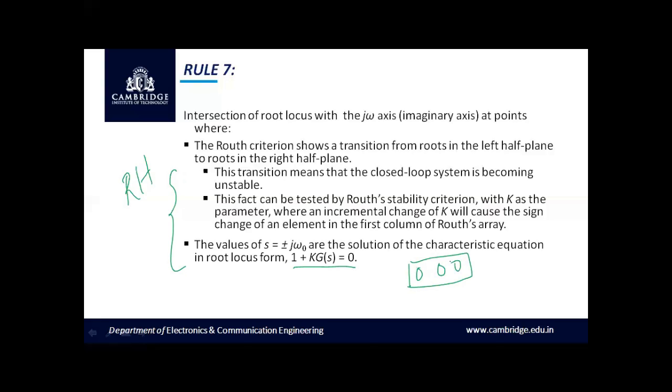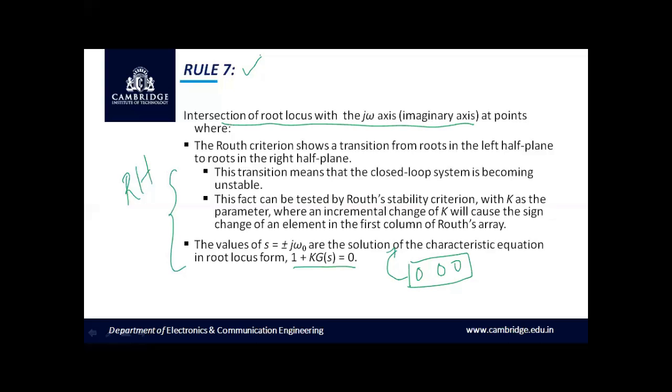If the complete row becomes 0, we know that it is case 2, a special case in the RH criterion. We take the previous row as an auxiliary equation, and if you solve that auxiliary equation, we get the roots on the imaginary axis, and that gives you the intersection of the root locus on the j omega axis. So this rule number 7 is not new to you, as we have done it already with respect to the RH stability criterion.